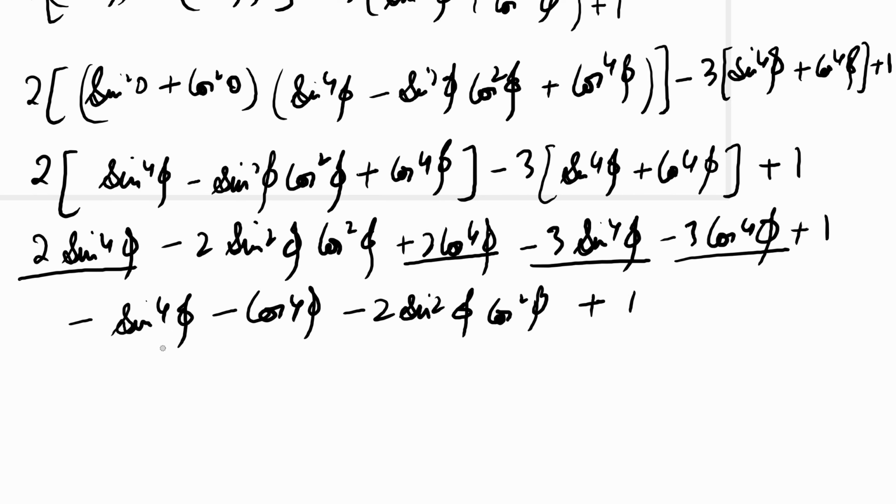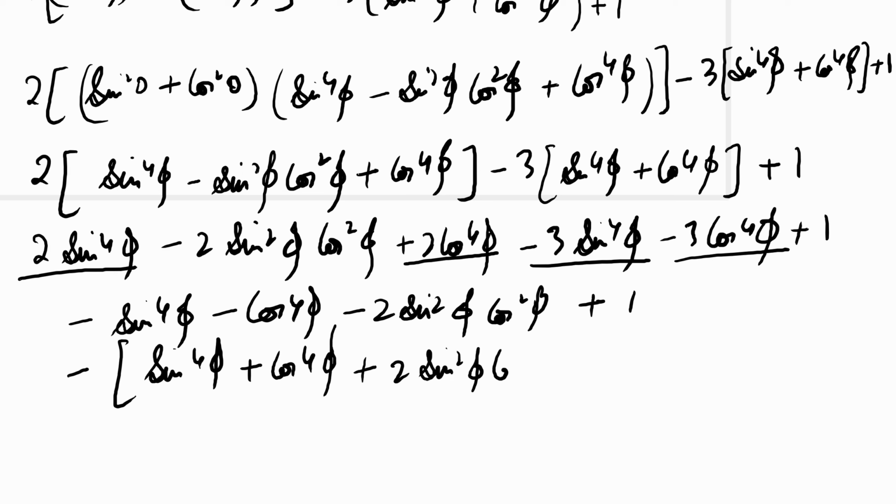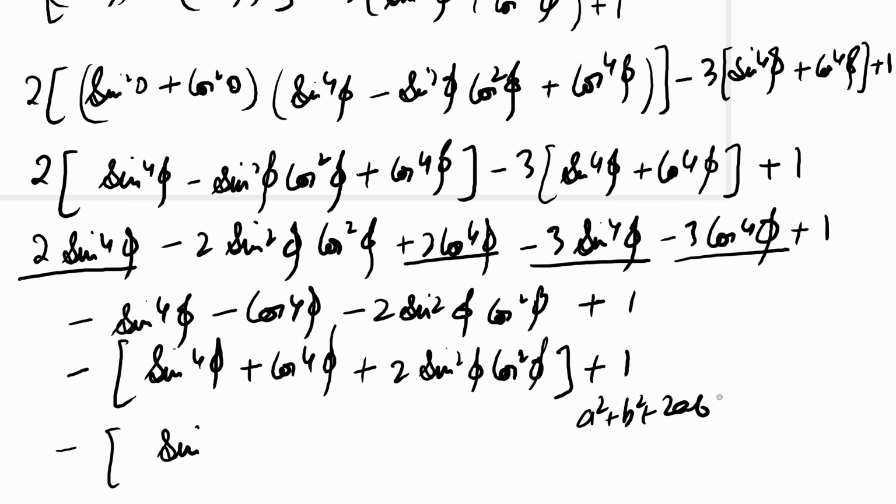So here I can take minus common. It will become minus, sine 4 phi plus cos 4 phi plus 2 sine square phi cos square phi, plus 1. Here we are using a square plus b square plus 2ab is equal to a plus b whole square.